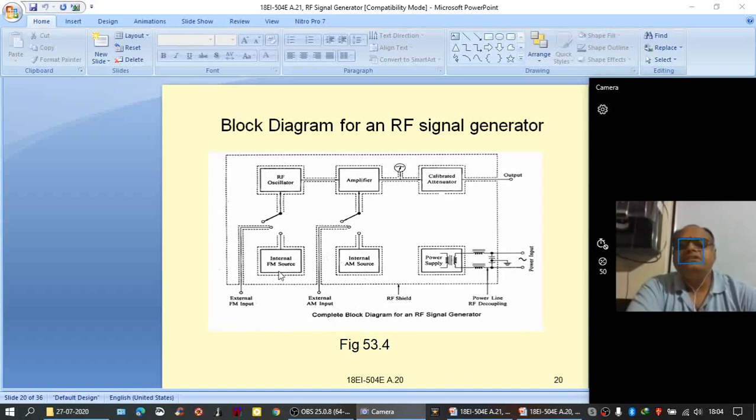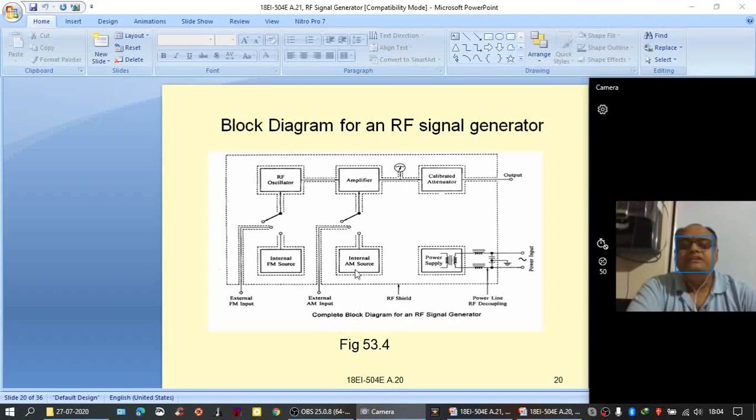Here you can see the internal FM source. This is the audio frequency signal which is used to frequency modulate the radio frequency signal. And here there is the internal AM source. This is used to amplitude modulate the RF signal, the radio frequency signal.